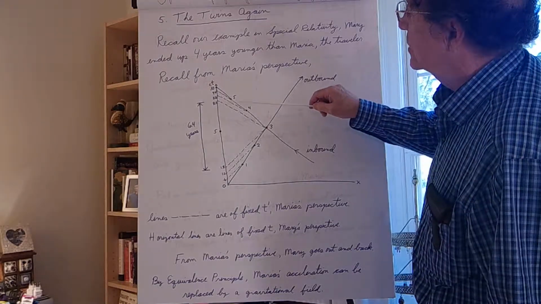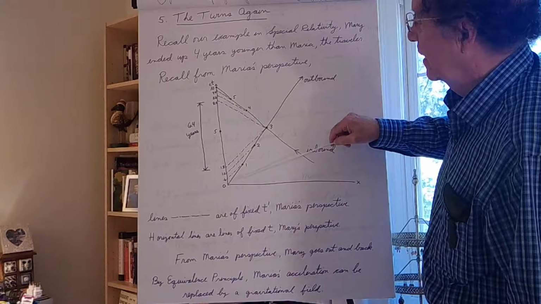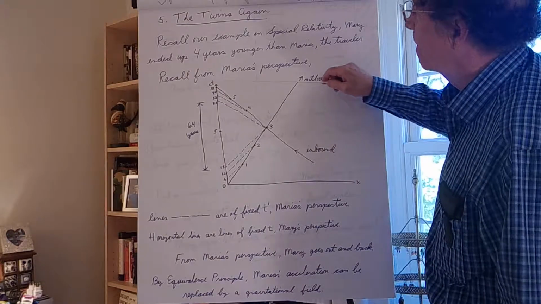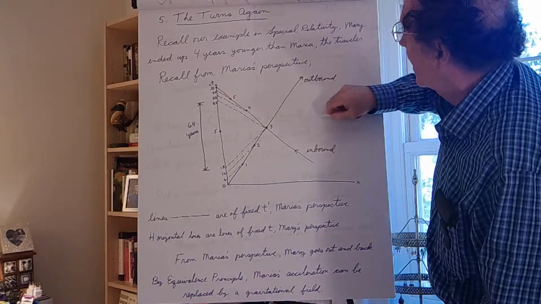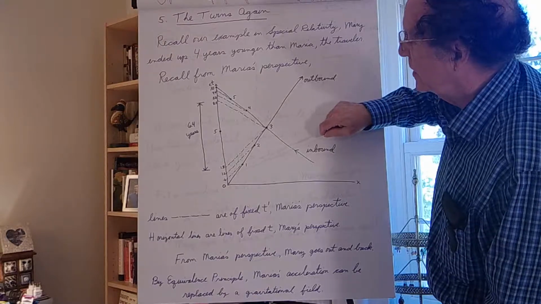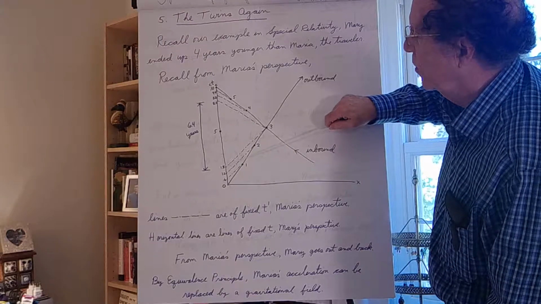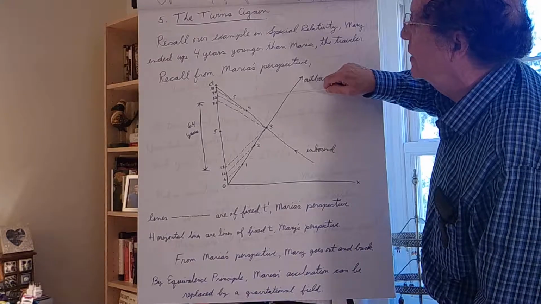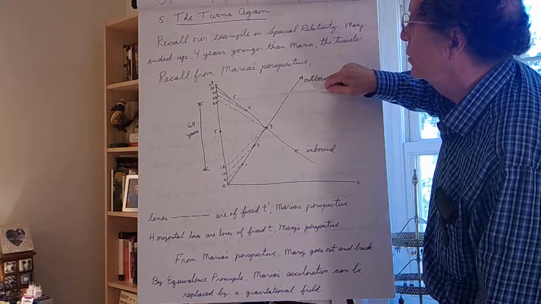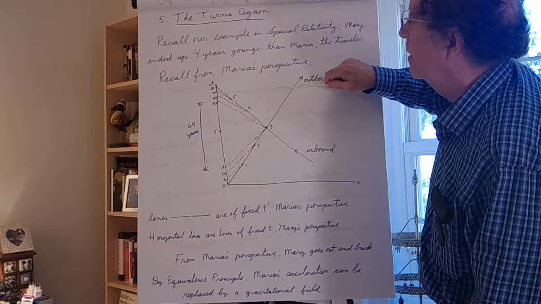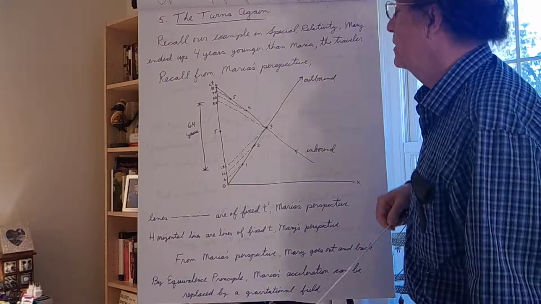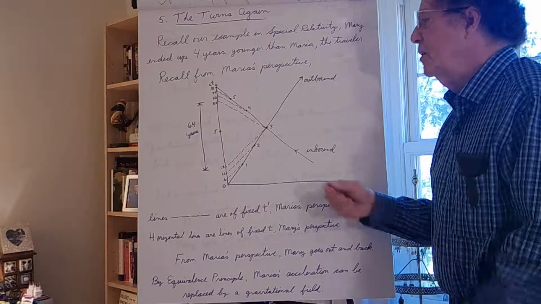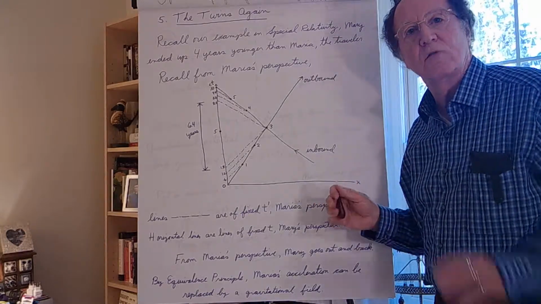This change of 6.4 then gives rise to the fact that from Maria's perspective, she sees Mary age from 0 to 1.8, and then another 6.4 years to 8.2, and then aging from 8.2 to 10, as shown on the picture. So the picture has all of the twin paradox right in it.